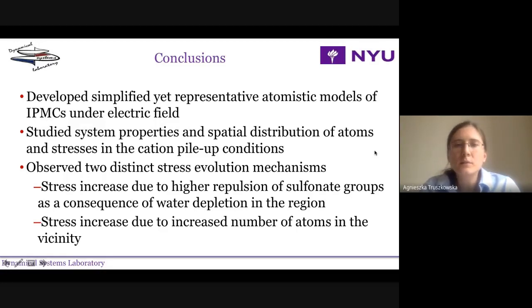Through this study, we have observed two distinct stress evolution mechanisms: stress increase due to a higher repulsion of sulfonate groups, and stress increase due to an increased number of atoms in that specific region.